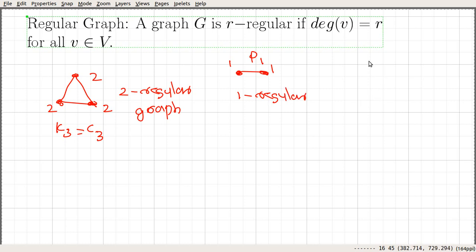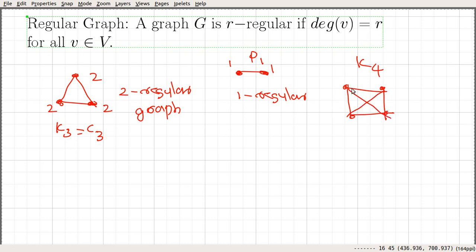Another example is, say, let's consider K4, with vertices 1, 2, 3, 4, and we have edges between each and every pair of vertices.